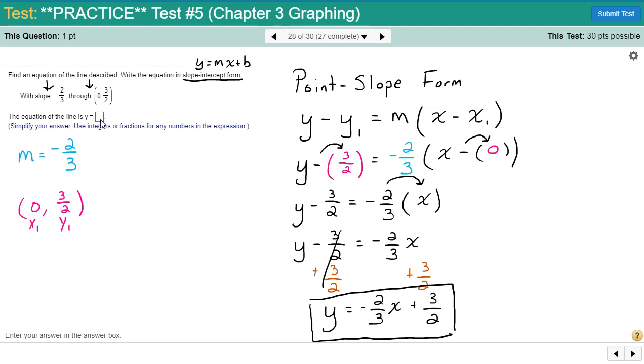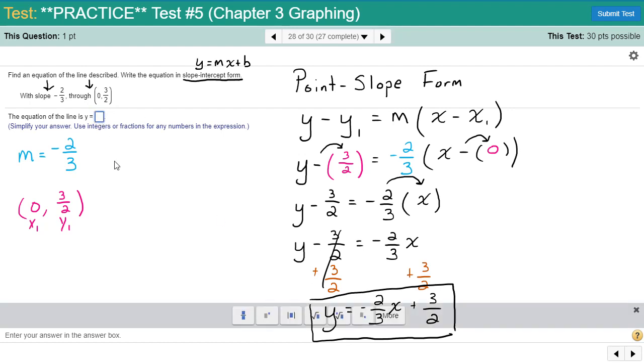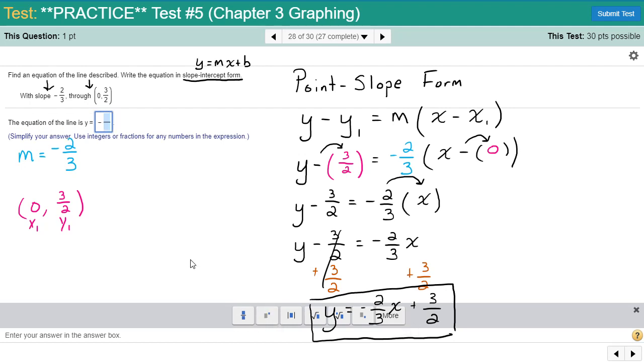So let's go ahead and type in our final answer for this equation. The equation of the line is y equals, so let's not enter that part. I know it's a little hard to see once these buttons popped up. All we have to do is enter the right-hand side of this equation. So we're going to say negative 2/3 x, and we can use this fraction button here. If we click on that button, you can see that we've been given a blank fraction.